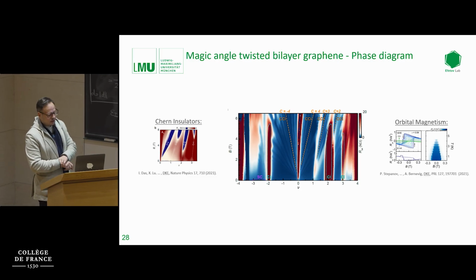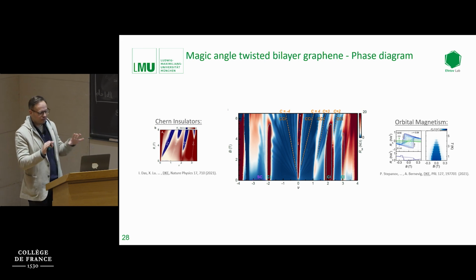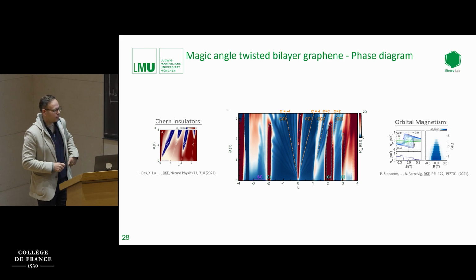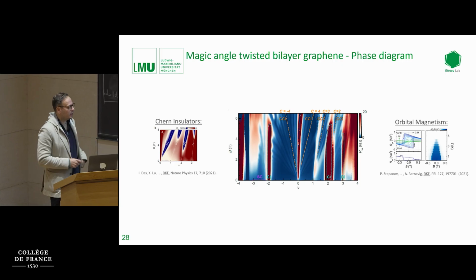However, we and many other groups also discovered that many of these features should not be thought of directly as just quantum Hall-like Landau levels, but are really related to the topological properties of the underlying bands.